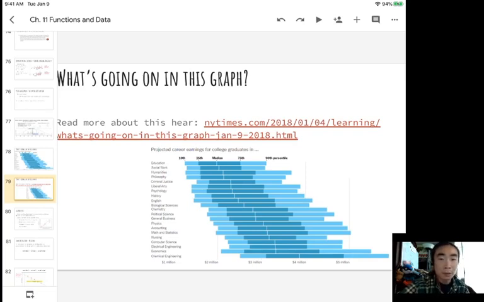It also tells you some of the flaws in this data representation, like the career earnings are projected, but not necessarily guaranteed. So it's an interesting reading from the New York Times, and it's relevant to our statistics lesson on representations of data.